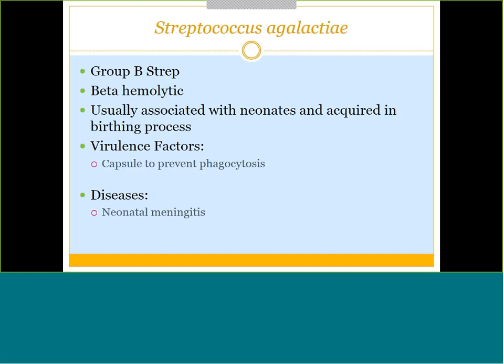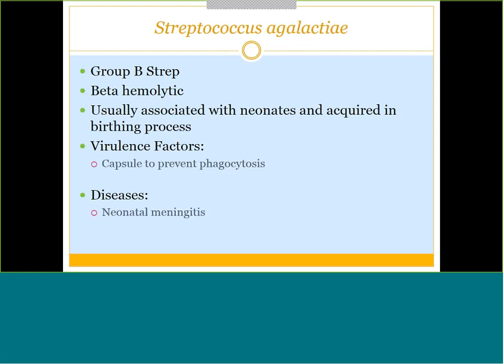So Group B, Strep agalactiae, is heavily associated with neonates, so newborns, and it is usually acquired in the birthing process. So you'll notice if you skip down past the virulence factor for a second to the disease, it causes neonatal meningitis. So in other words, meningitis in that newborn.